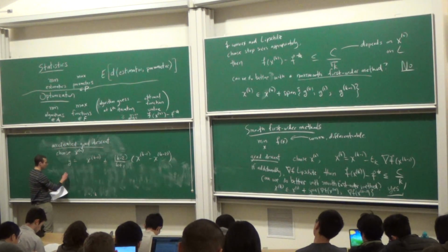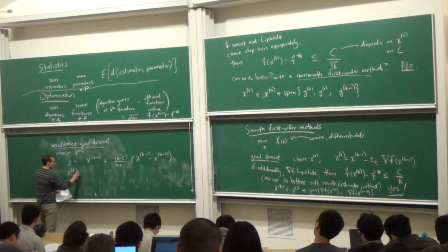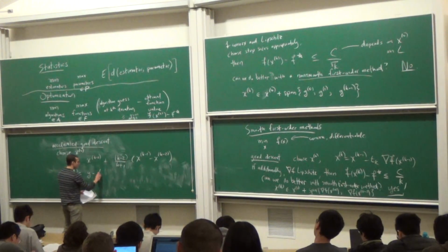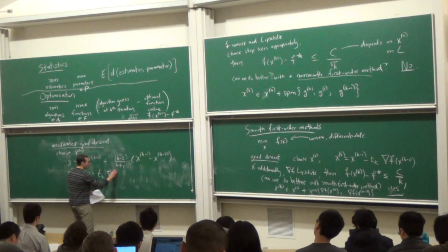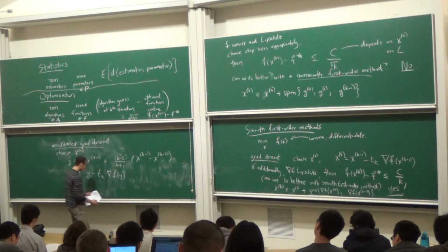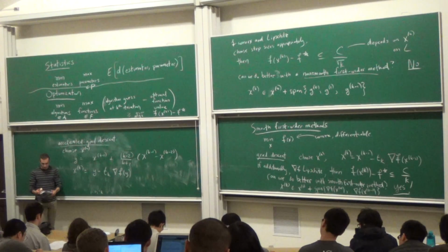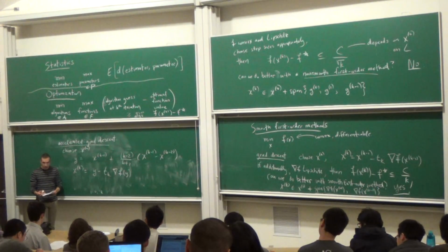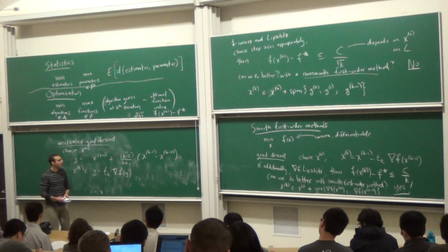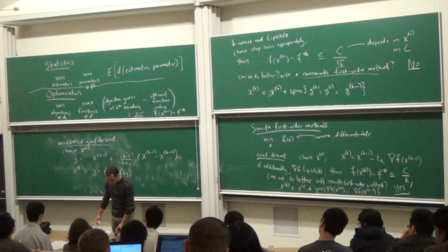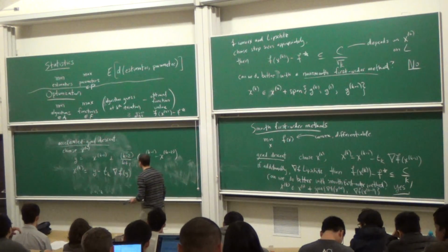So then I just let xk be equal to y minus tk times the gradient of f of y. Yeah, question? Isn't that similar to just using a larger step size on the previous iteration? Not quite. You'll see why in a second.